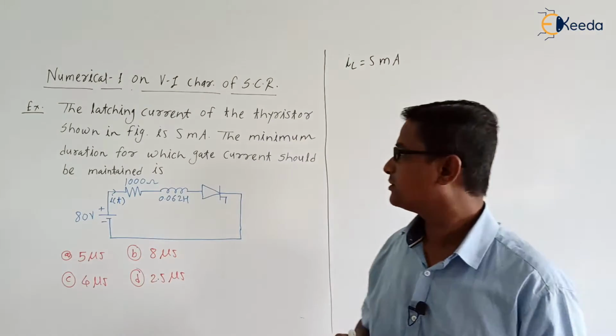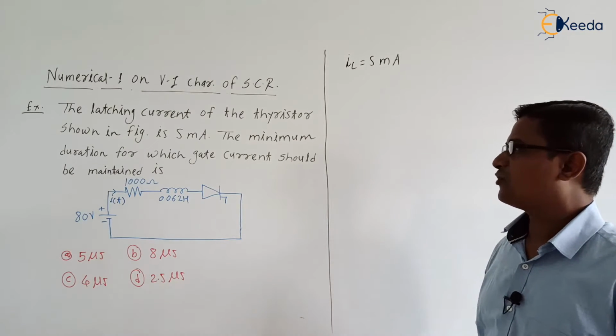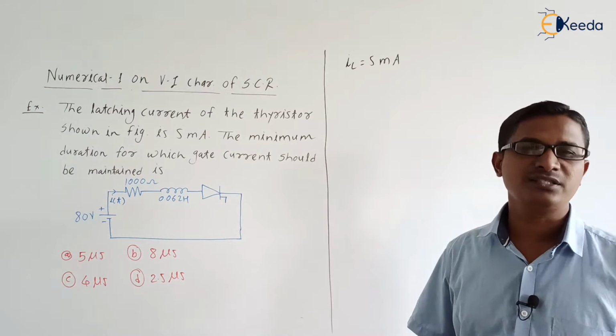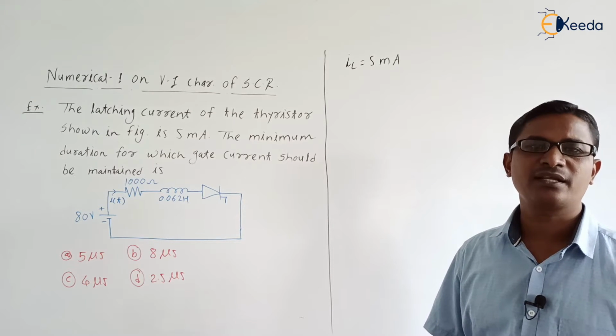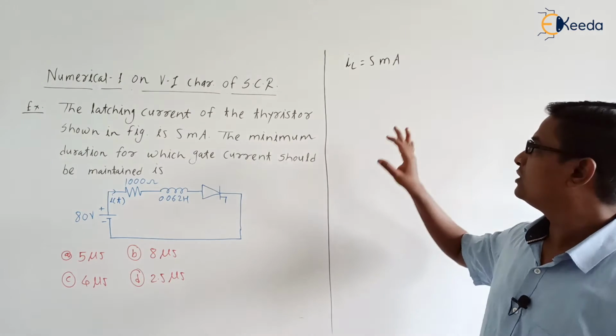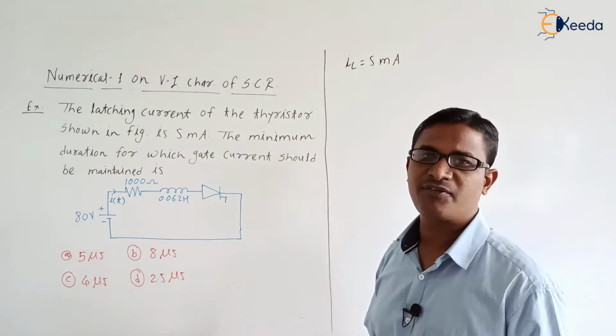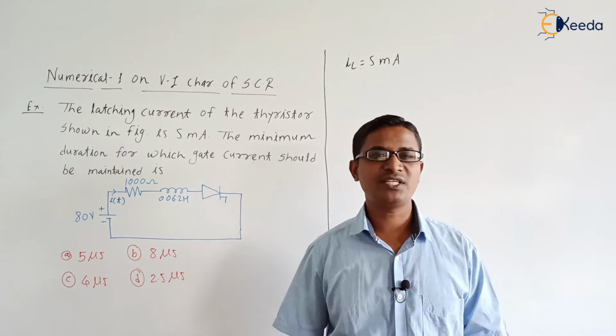Next, the minimum duration for which the gate current should be maintained is our task to find. In the last video, we discussed the definition of the latching current. What is the definition of the latching current?